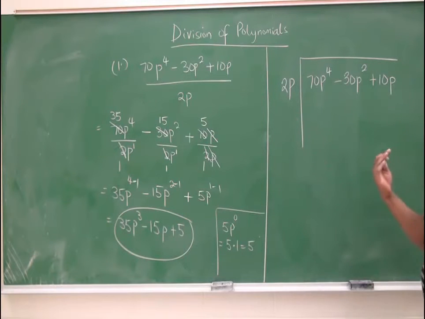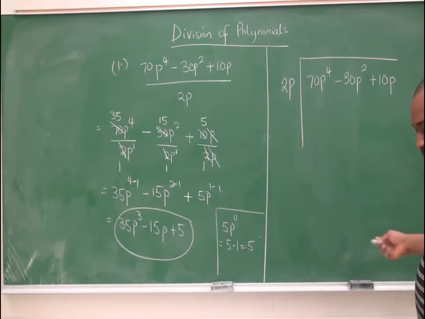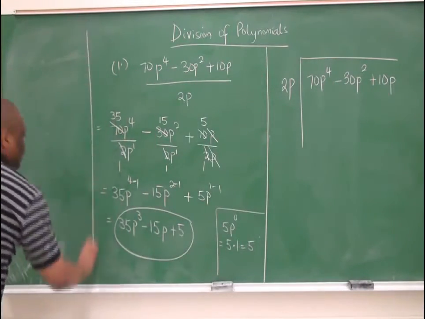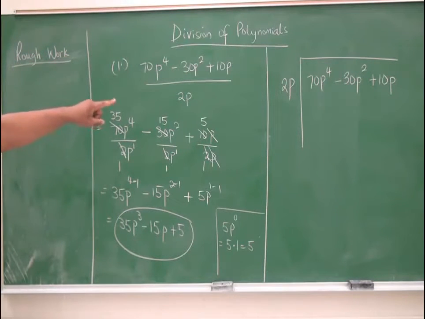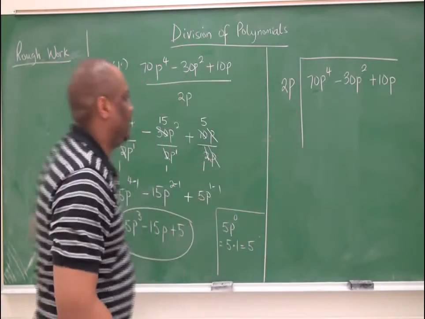Now, it is good to kind of bring out a rough work. So I'm going to bring out my rough work here. I will just come over here and draw a line, and then I'll write rough work here. So I will first of all do the first term here divided by the first term here.